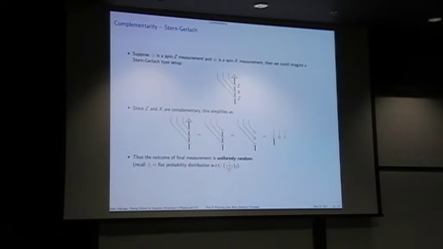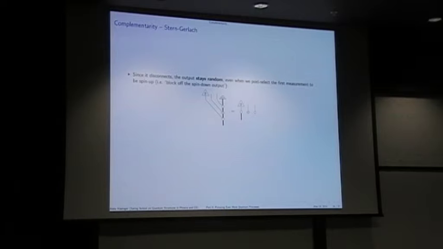Which, the other way you can say this is my third output is uniformly random. So the white dot here is like the classical analog of the maximally mixed state. It's just a flat probability distribution. And in fact, it stays random even when I post-select my first measurement to be, say, spin up.